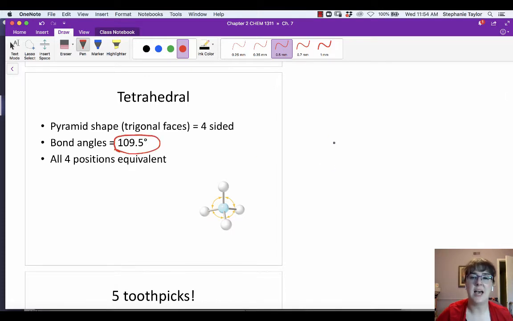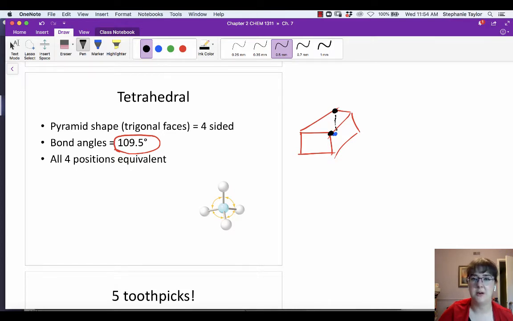The way we get that is essentially if we have a cube, pretend that's a cube. If we were to have our central atom in the very center of this cube, and then we would have our peripheral atoms at the opposite vertices.